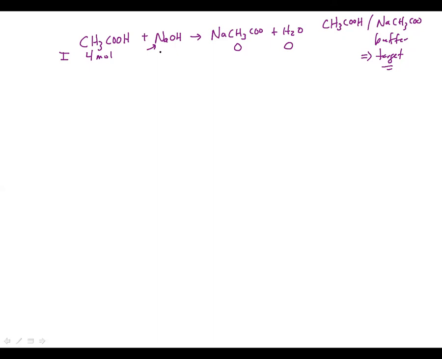So just for example, let's say we only added 1 mole of sodium hydroxide. And again, I'm just making this number up. Because technically, like we were talking about in the titrations, our sodium hydroxide in this case would be the limiting reagent. It is going to be the change that's going to occur.